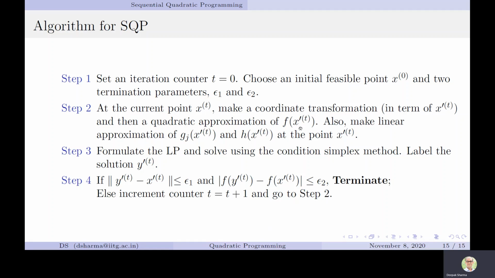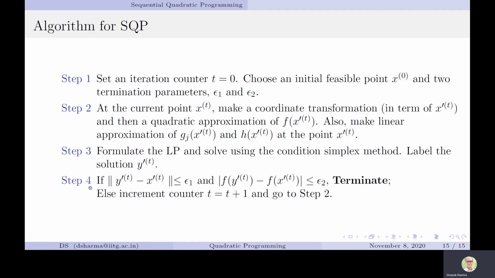Now we convert the objective function as well as the equality and inequality constraints into quadratic and linear approximations using Taylor series expansion at x prime t. Once we have done it, we get an LLP and we solve it using the simplex method. Suppose the solution of the LLP is y prime t.